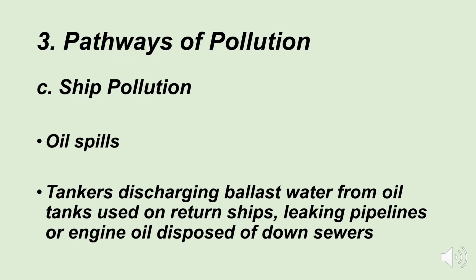They have ballasts where they add or subtract water. When the oil tanks are empty, they add water. They use the water as a ballast that's used on return ships. They have leaking pipelines, or they have engines that leak oil, or engine oil that is disposed of down sewers.